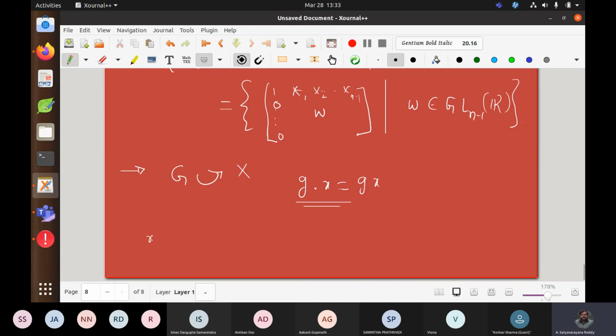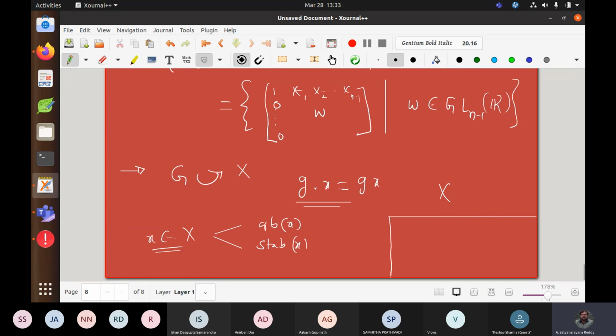Then I take small x belonging to capital X. Then we are aware that it will give two things to us. One is the orbit of X, that is a subset of X, and the stabilizer of X, that is a subgroup of G. Good, correct. Now I have X, right?